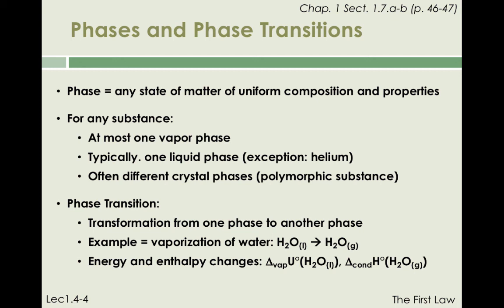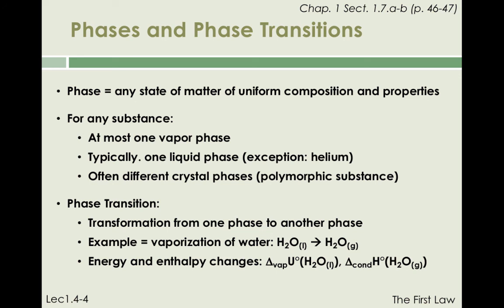So we will talk about standard energy changes for vaporization of liquid water, written symbolically as delta_vap U standard for H2O liquid. The subscript vap is written to indicate that we are referring to the vaporization process.